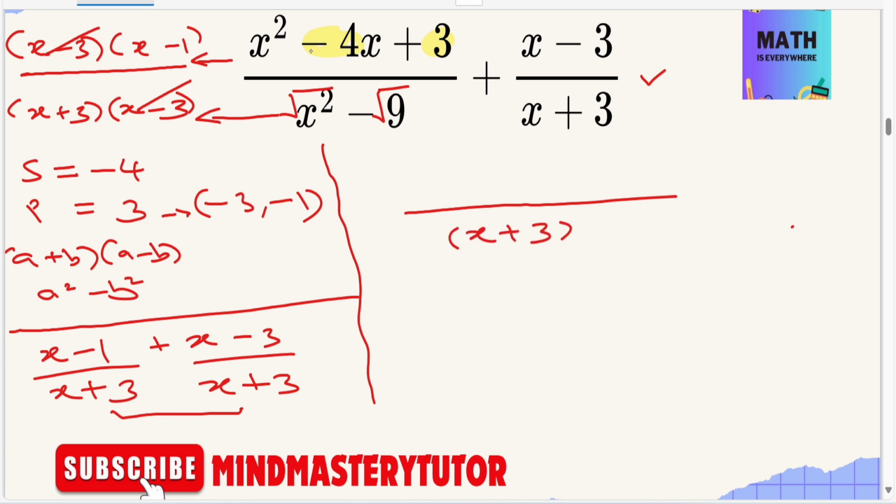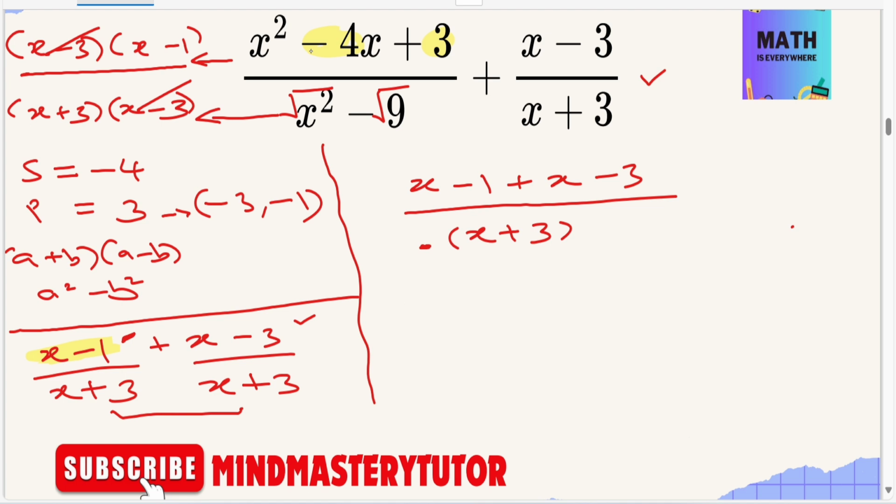So the next step utafanya ni hiyo, ushaona hii x plus 3 na hapa kuna x minus 1 hapa, right? So what we do, we take x minus 1, kwa vile LCM ni hiyo, so hata x plus 3 ukidivide na x plus 3 itakupa 1, so utaandika hiyo x minus 1, na kwa vile LCM pia ni x plus 3 utaandika hapa plus x minus 3.